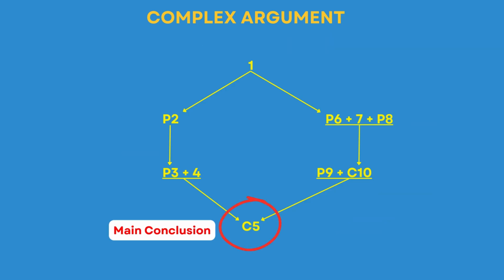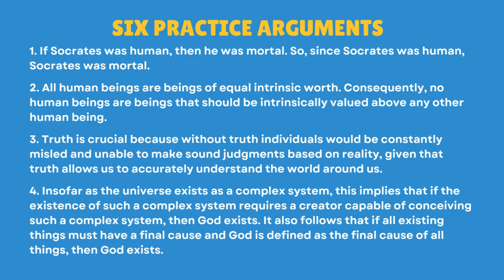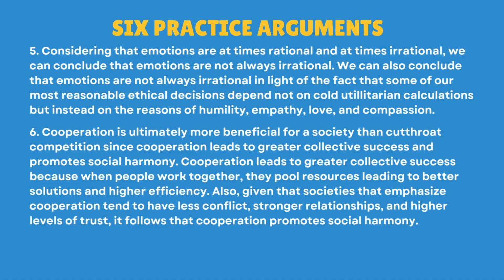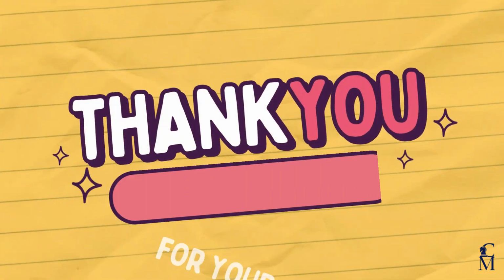And this diagram would indicate to us that, according to the author, because statement 1, if truth is important, then people should not lie, and P2, people lie all the time, is also the case, it follows that truth is not important, which is statement C3.